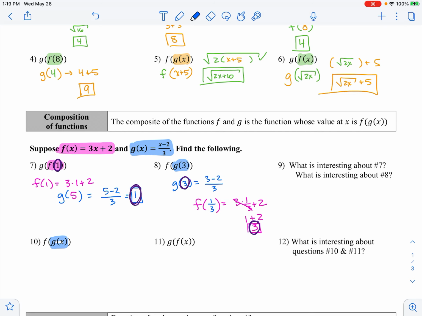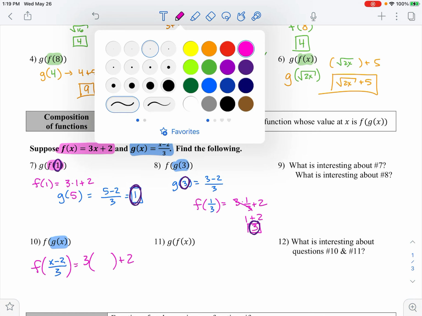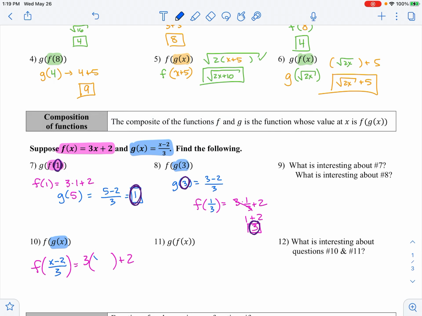Well, what is g of x? That is x minus 2 over 3. What I want to do is f of that. Okay, so in my f equation, I'm going to do 3x plus 2, but instead of x, I am going to plug in x minus 2 over 3.